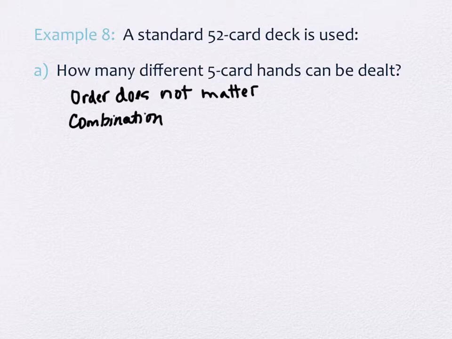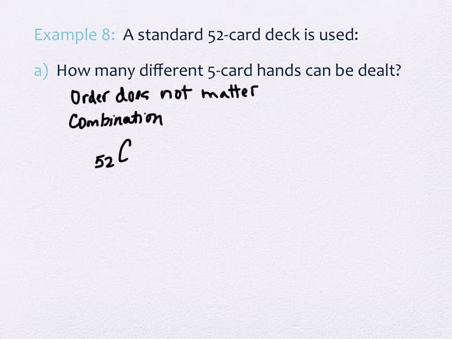Okay, so if I'm handing out cards to everybody, and there's 52 cards in my deck, and I'm creating a 5-card hand, how many different 5-card hands are possible? Well, we said that this is a combination. How many things do I have to choose from? 52.